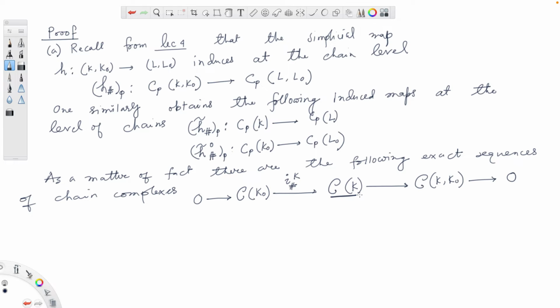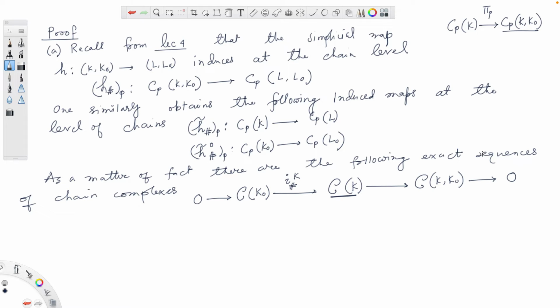So now there is a natural projection of C_p of K onto the quotient group C_p of K, K0. This is the projection map pi p, and this is the quotient group we obtain by quotienting C_p of K by C_p of K0.